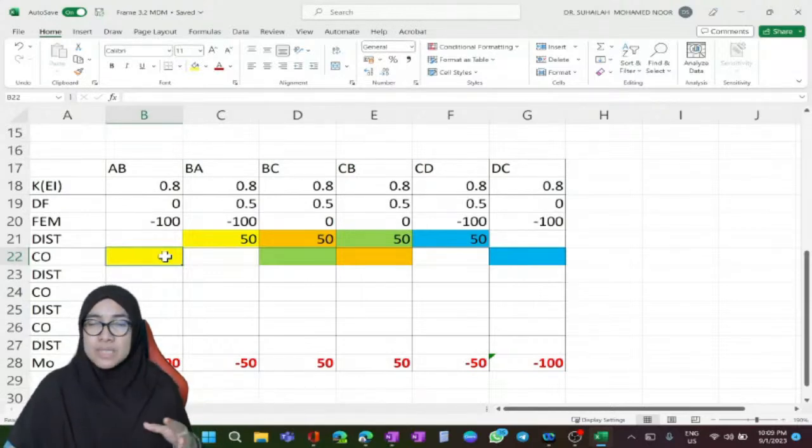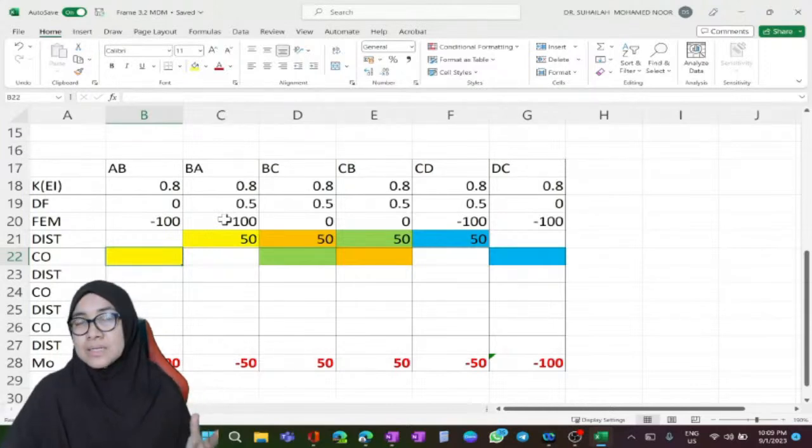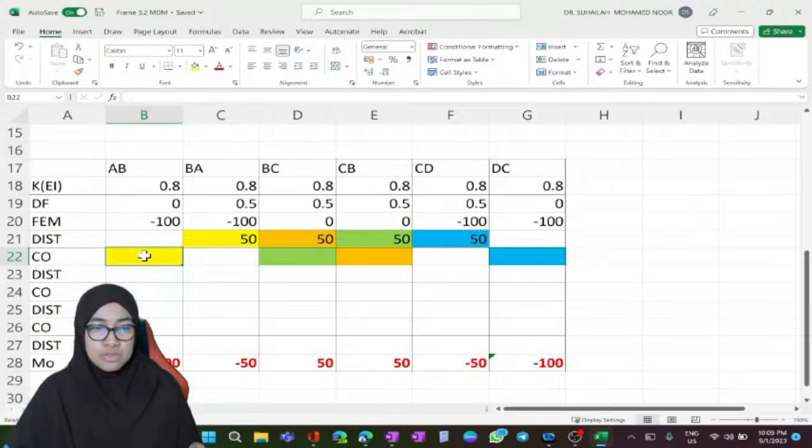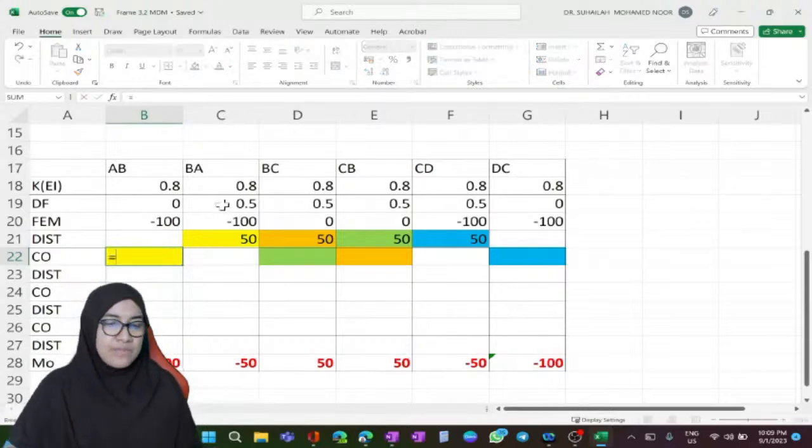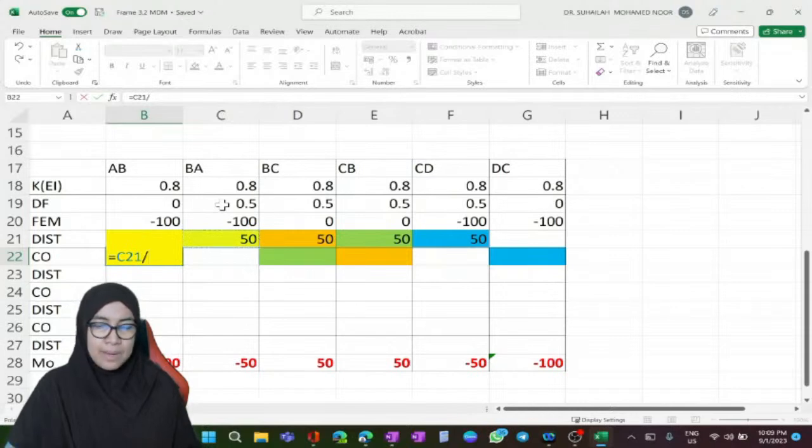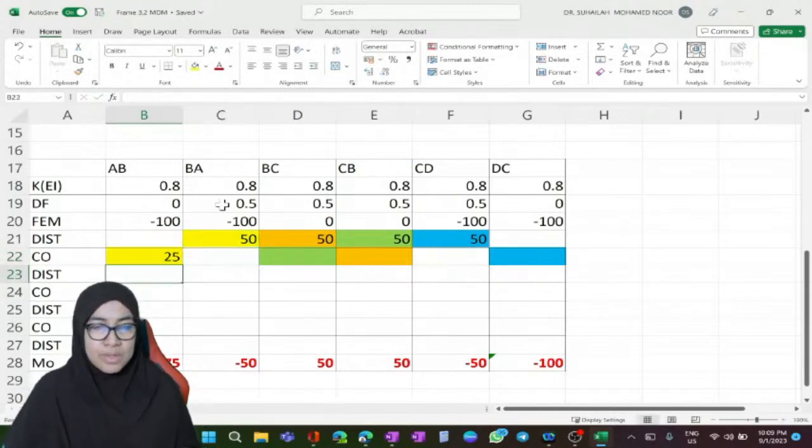So that's the process of carry over the value. So the factor is 0.5 for fixed end and internal support. Okay, rigid joint is also internal support. So this is 50 divided by 2. It is 25.